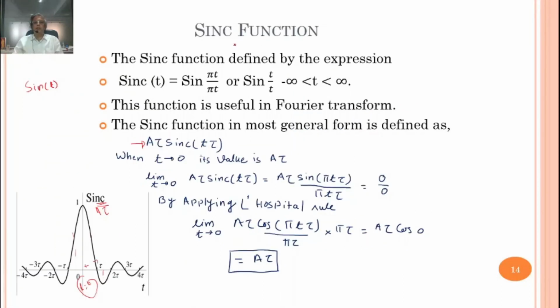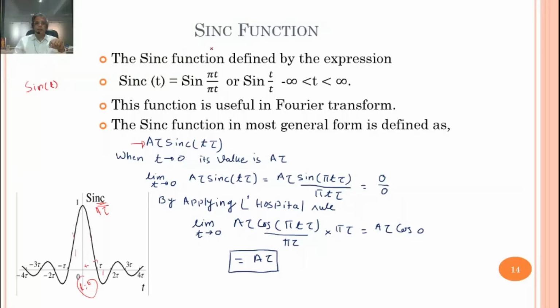Then the next function is the sinc function. Now mathematically, the sinc function is defined as sinc t equals sine pi t divided by pi t, or sine t divided by t, and this function exists from minus infinity to plus infinity, and mainly this function is used in communication systems, that is, in the Fourier transform.